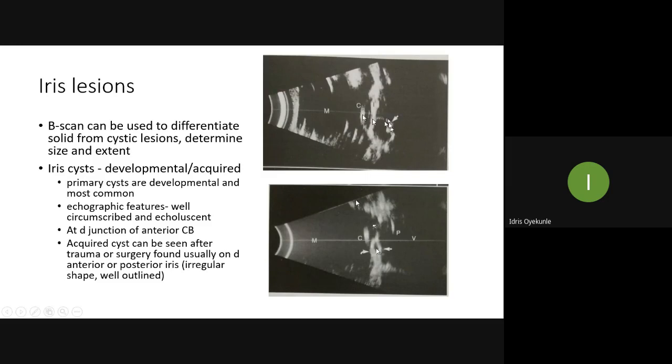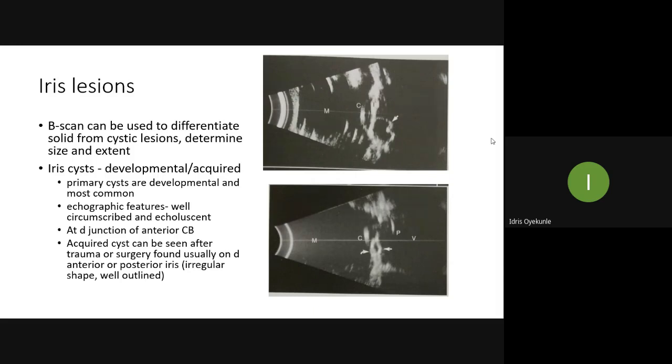Primary cysts are developmental and they're the most common. The echographic features will be well circumscribed, echo-free lesions observed on this scan, and usually you see them at the junction of the ciliary body. This is a primary cyst here. But an acquired or secondary cyst is common after trauma or surgery, and you see them usually on the anterior or posterior iris.